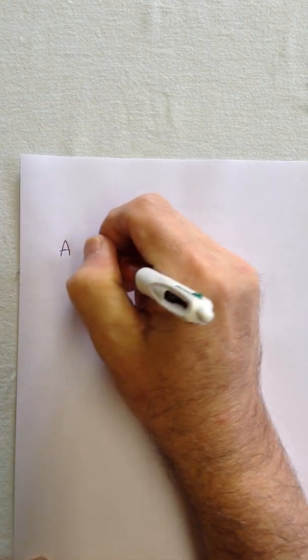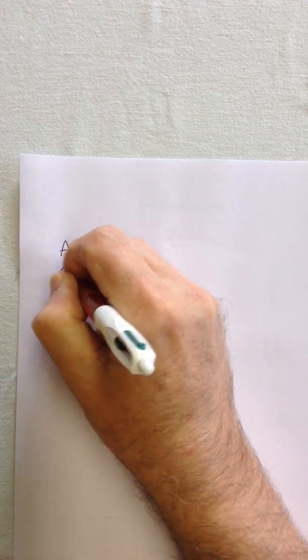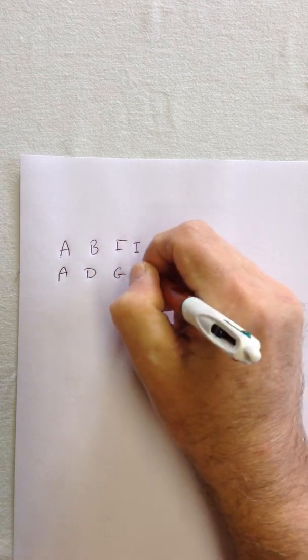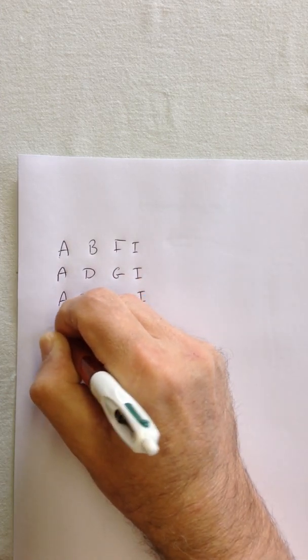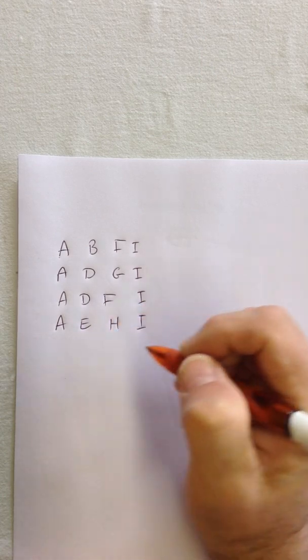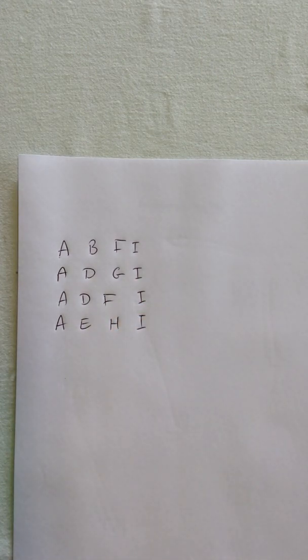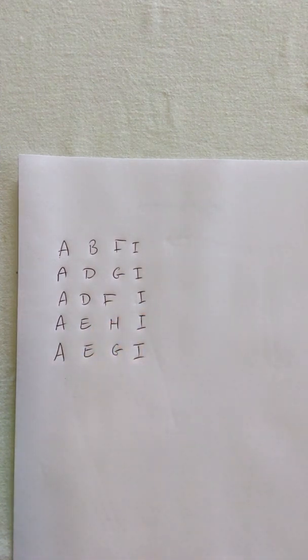So let's have a little summary of those ones. So I can go from A to B to F to I. I can go A, D, G, I, A, D, F, I. I can go A, E, H, I, and I can go A, E, G, I. So there are my 5 pathways that just involve 4 steps.